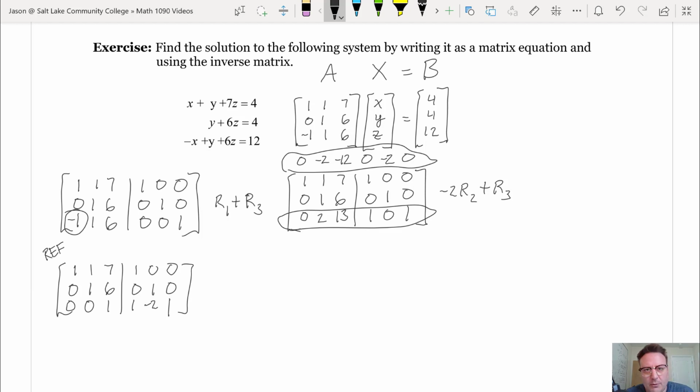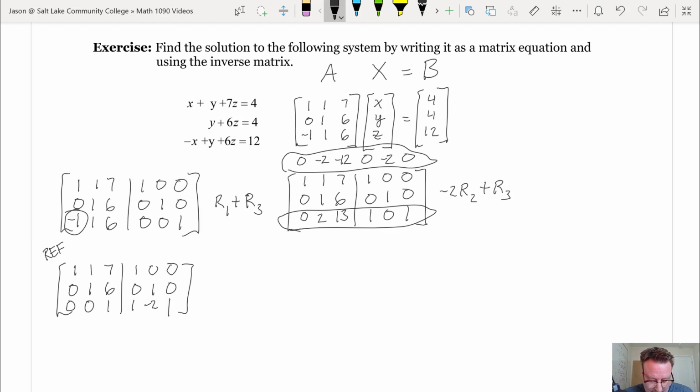but we can't stop here. We need to go all the way to reduced row echelon form to get the inverse matrix. So now we need to clear out elements above the diagonal, starting with the rightmost column of the coefficient matrix and then moving to the second column, the middle column.